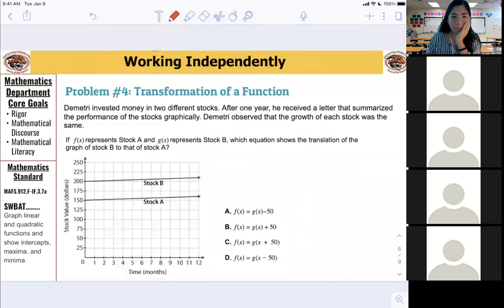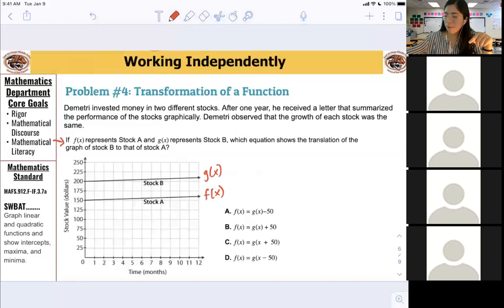Number 4. Number 4 goes back to what we did in the bell ringer. I'll read the whole problem really quickly. In fact, I'm just going to read from here because the rest doesn't really matter. If f of x represents stock A and g of x represents stock B, which equation shows the translation of the graph of stock B to that of stock A?